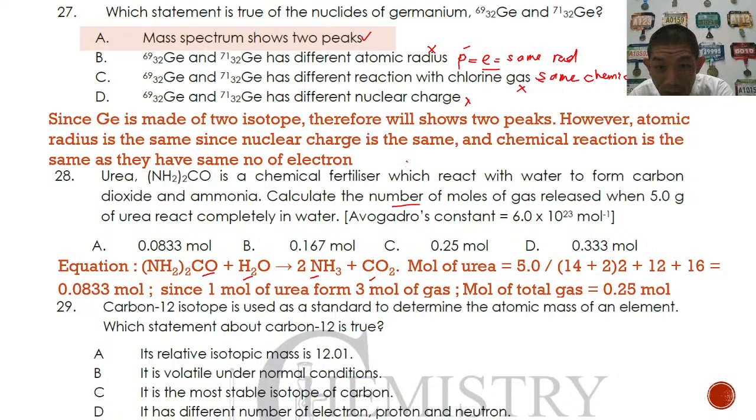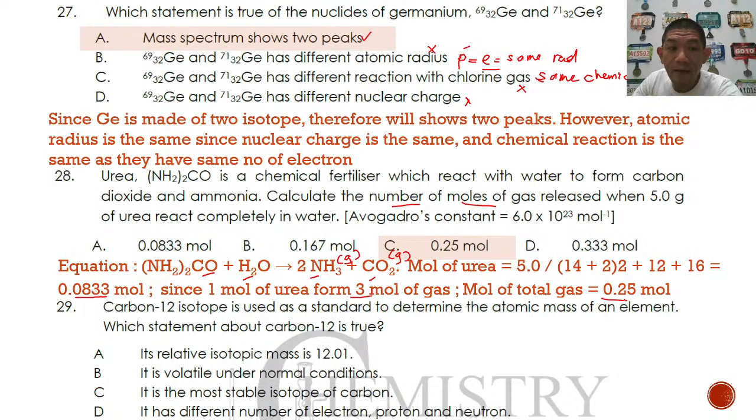Because they want the number of mole of gas released, you have to understand ammonia is a gas and carbon dioxide is also a gas, so the total is 3 mole of gas. After you calculate the mole of urea, it is 0.0833 mole. Since 1 mole produces 3 mole of gas, multiplied by 3 you get 0.25. So the answer is C.